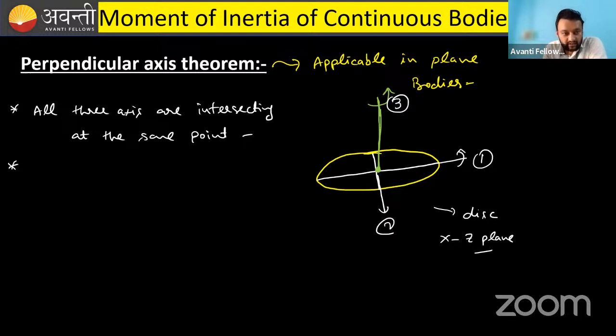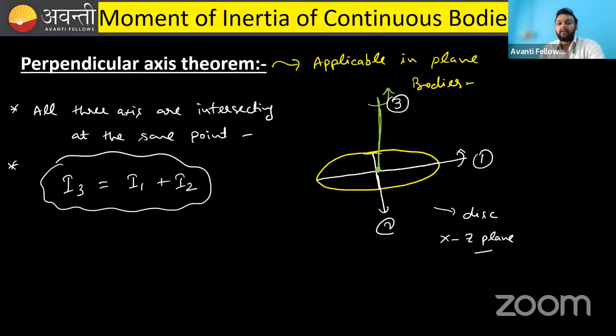So the formula for the perpendicular axis theorem is I3 equals I1 plus I2. Now you need to remember what I3 is. I3 is the moment of inertia about an axis perpendicular to the plane of the body.